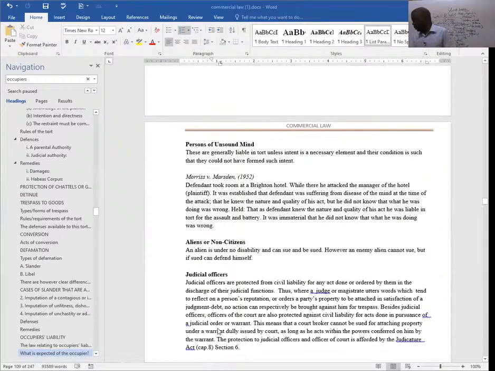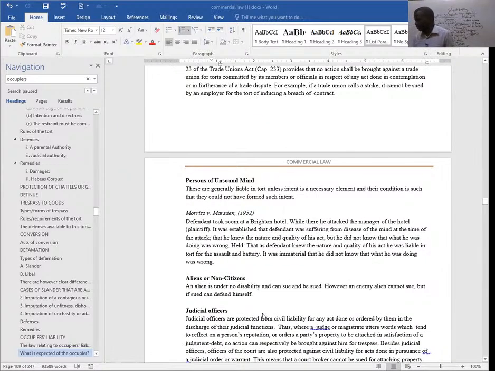So, aliens: what about aliens and non-citizens? Aliens are foreigners in countries in which they are not citizens. An alien is under no disability and can sue or be sued. However, an enemy alien is a foreigner who is, for example, in our country, Kenya, when we are fighting or at war with that particular country.